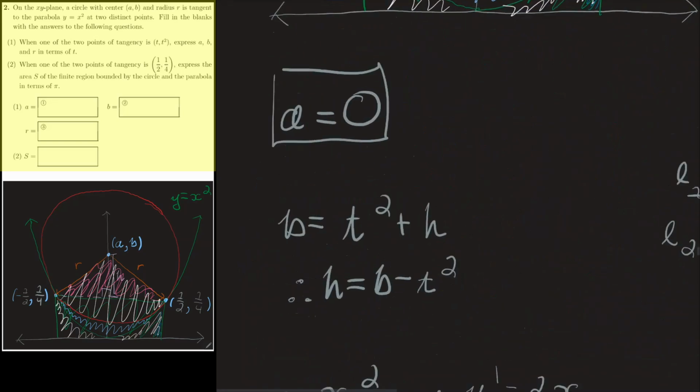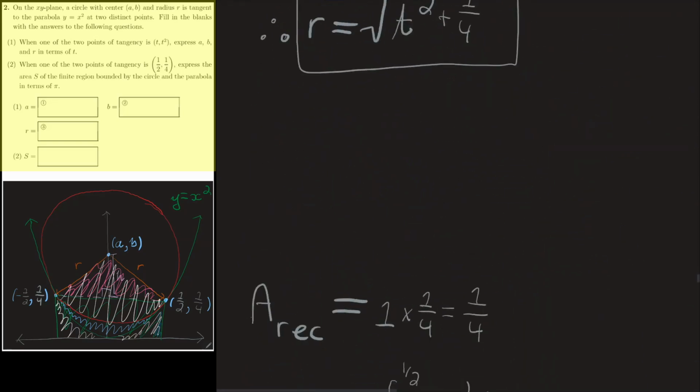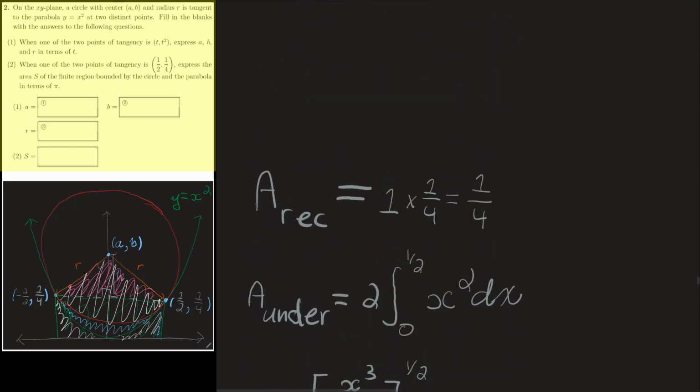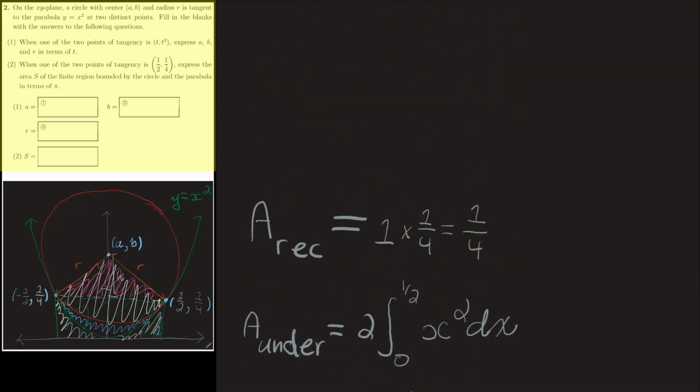So let's start with the area of the rectangle, which is very easy. So the base of the rectangle, or the width, is 1, since it goes from negative 1 over 2 to positive 1 over 2. And the height is 1 over 4, so the area is 1 over 4. Next, we can do the area under the parabola. So it's an integral of x squared.